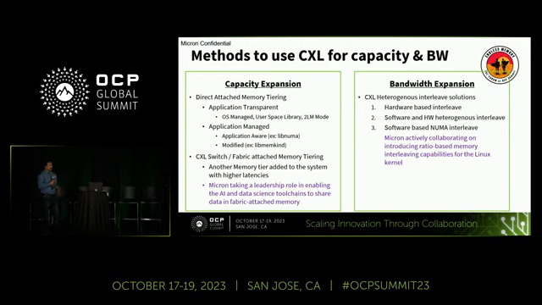And then there's the next level where applications actively manage the pages, the NUMA characteristics and the allocation. That's application modified, right? The application needs to be modified to get the capacity expansion.